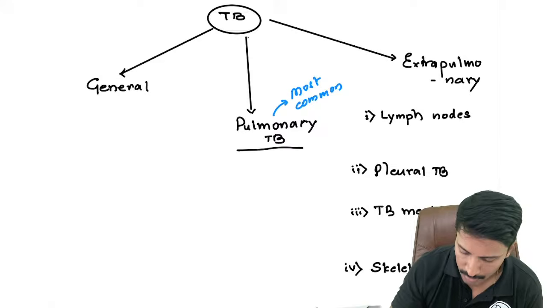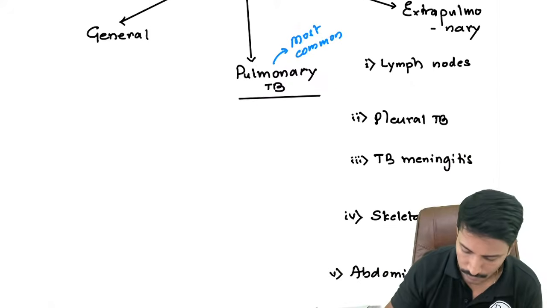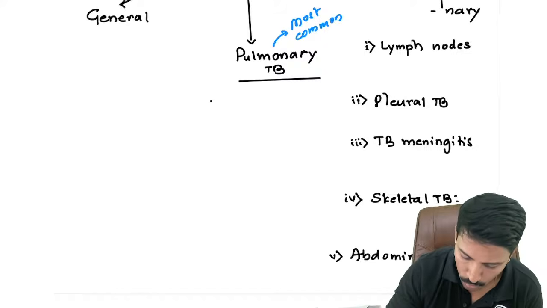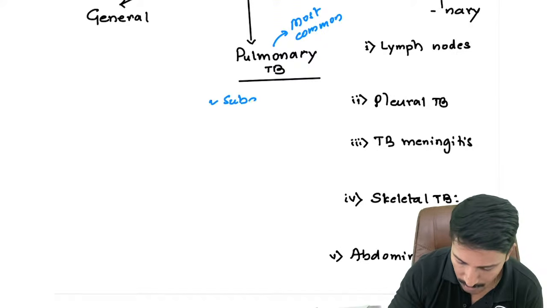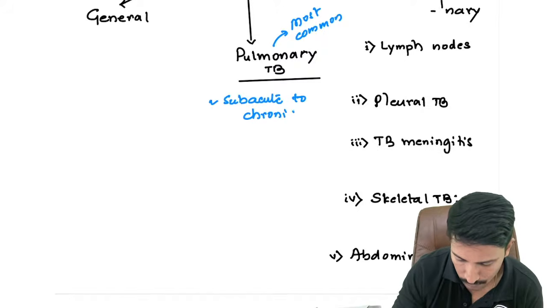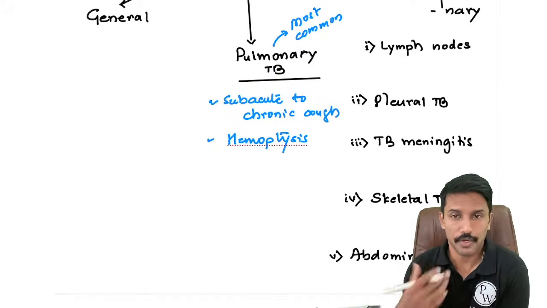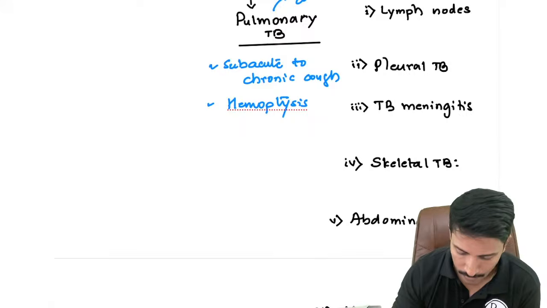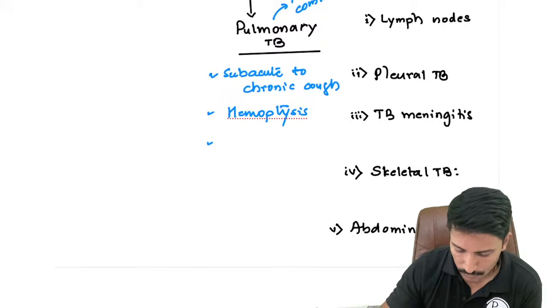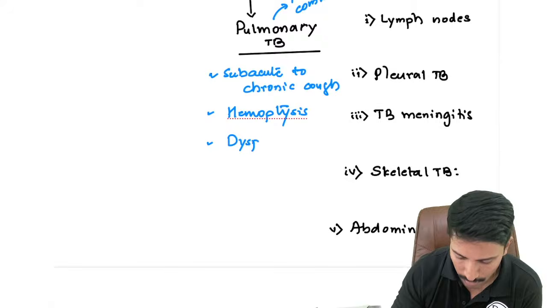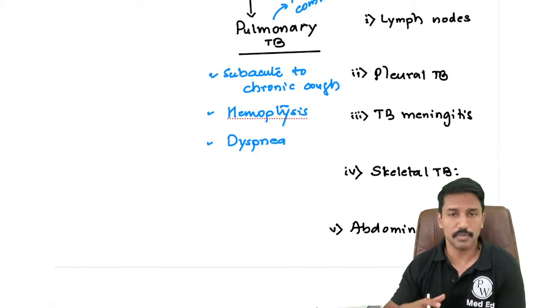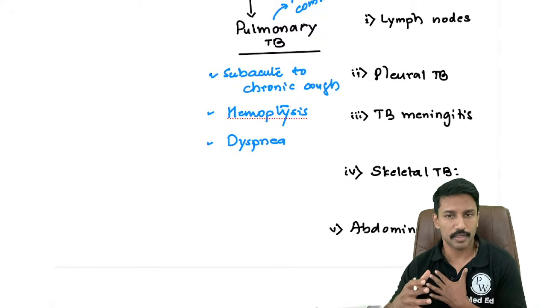Patients of pulmonary TB generally present with subacute to chronic cough. They can have hemoptysis, that is expectoration or coughing out of blood. Then they can have shortness of breath or dyspnea. These are the usual symptoms that we expect in a patient with pulmonary TB, right?